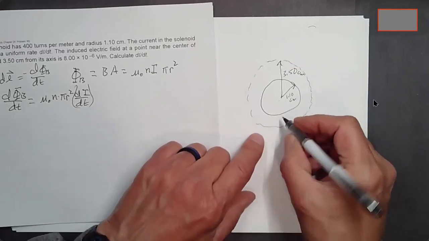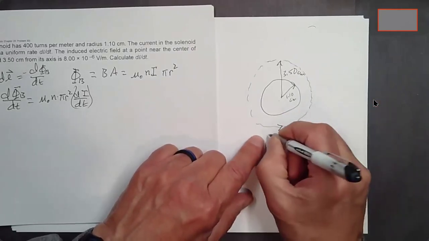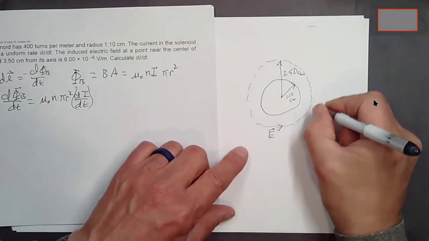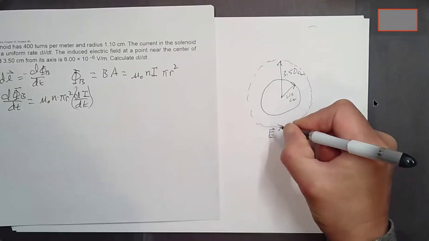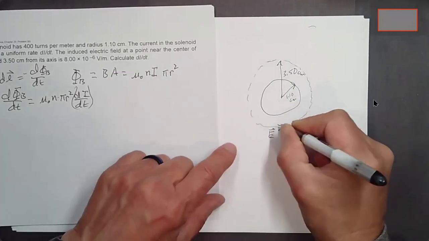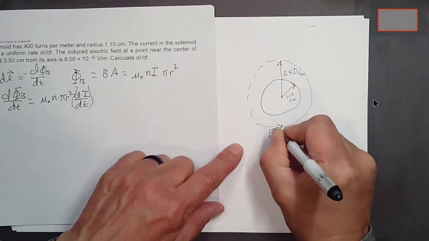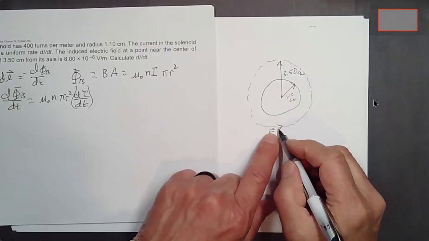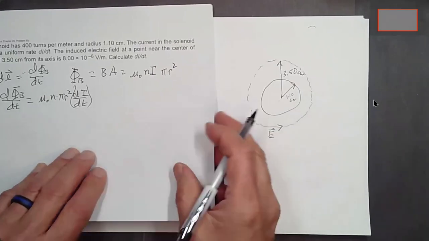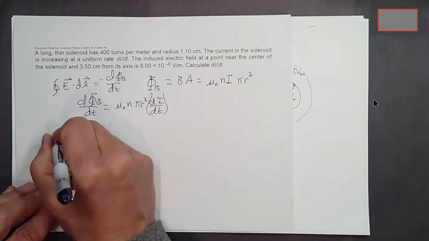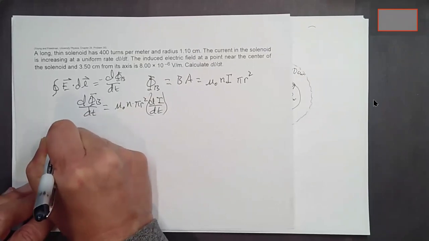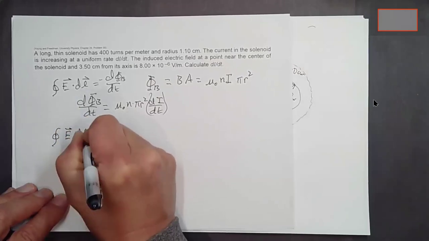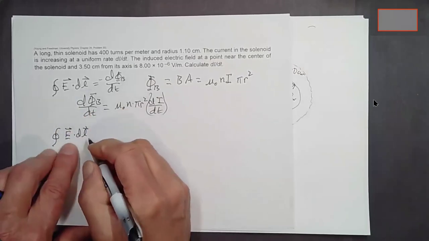The induced electric field will form concentric rings around this current. So if I do an integral in this direction, an E dot dl around there, the electric field will be constant and it'll always point in the direction of dl. By doing a bunch of these problems, you get comfortable with this idea: you choose integral paths that are advantageous.